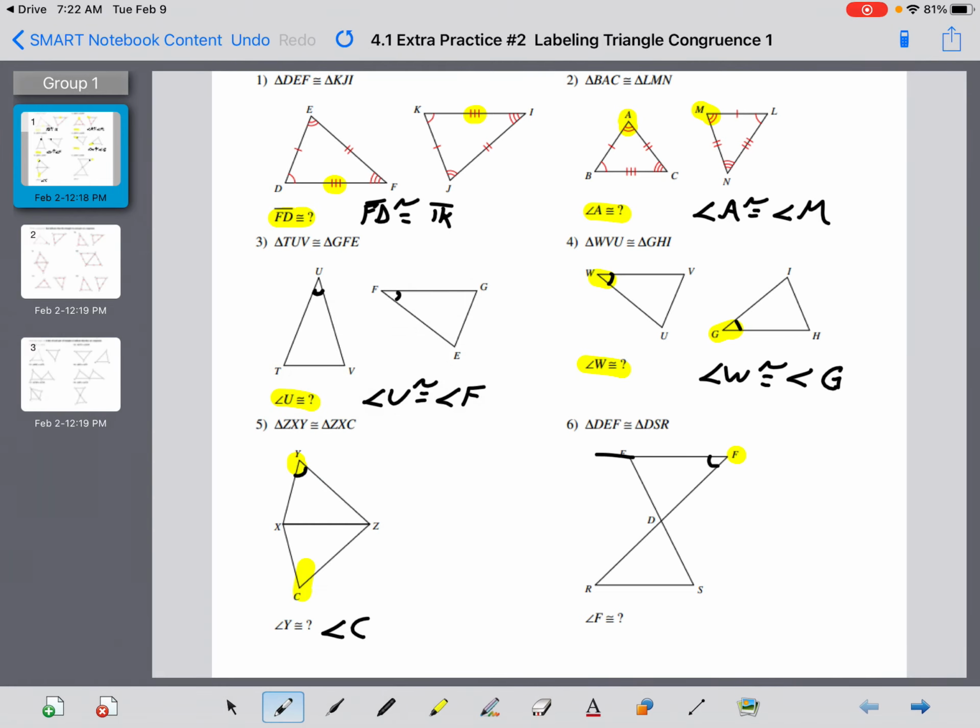Because if you take a look, we have our 2 parallel lines cut by a transversal, right? And that would be comparative to angle R for alternate interiors, okay? So angle F is congruent to angle R.